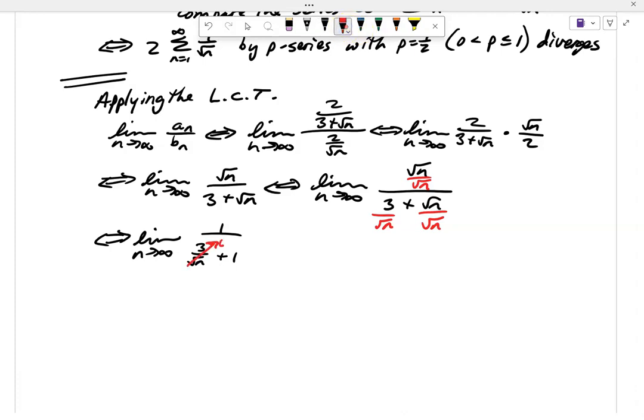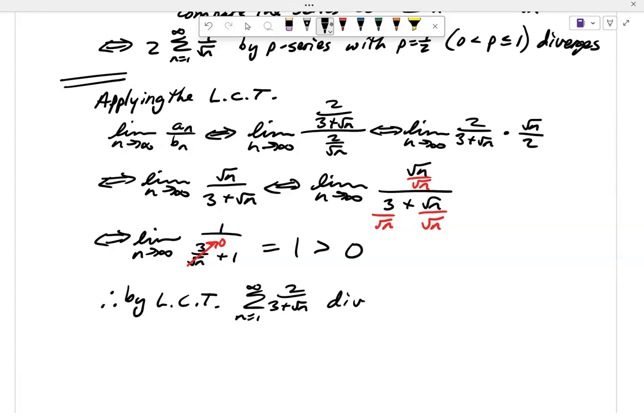Notice this will go to 0, so I got 1 over 1, which is greater than 0. Therefore, by the limit comparison test, the series also diverges as well. That's what we compared it to.